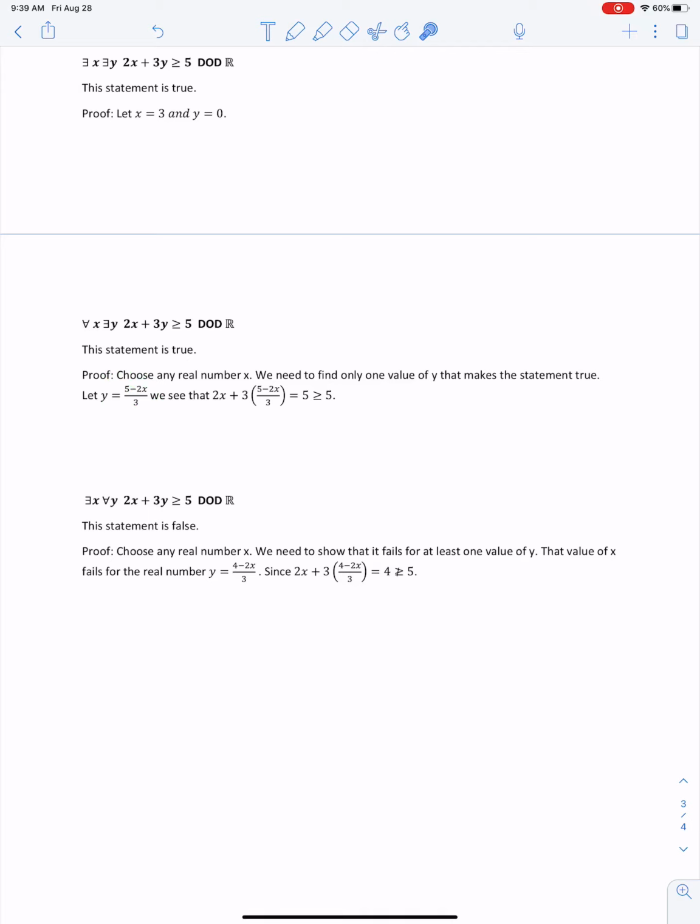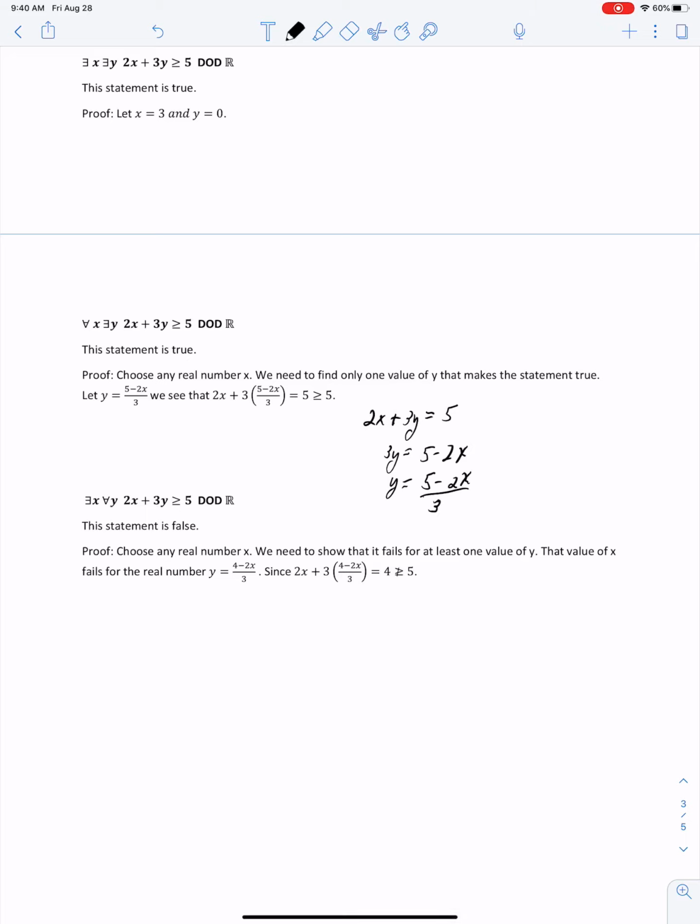Well, I took the equation 2x plus 3y equals 5, and I solved for y. 3y is 5 minus 2x, and y is 5 minus 2x divided by 3.